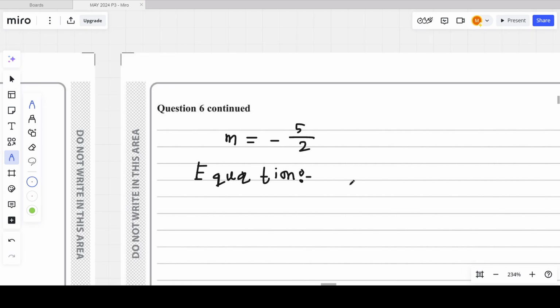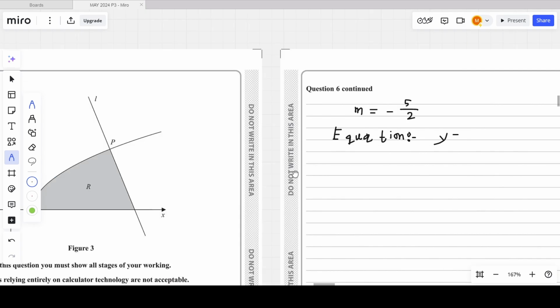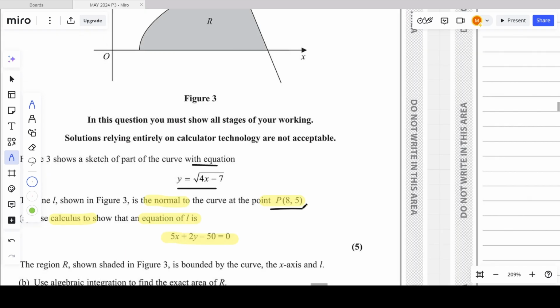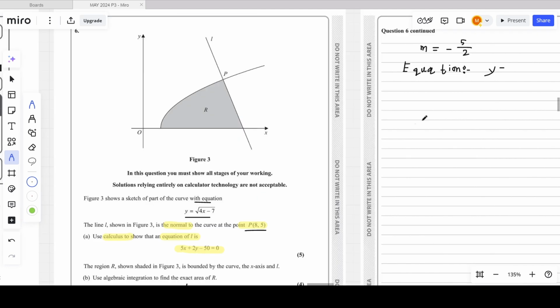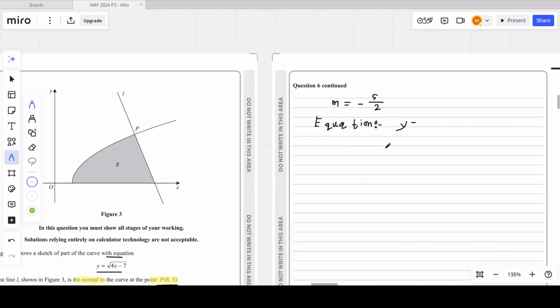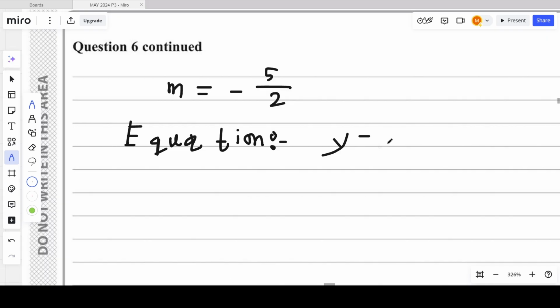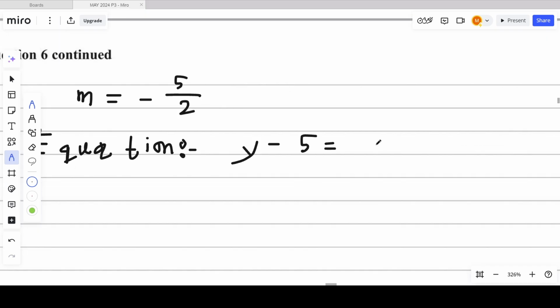We know the coordinates of a point on line L, which is the point P, (8, 5). So y minus y1 equals m times x minus x1, that is y minus 5 equals negative 5 over 2 times x minus 8.